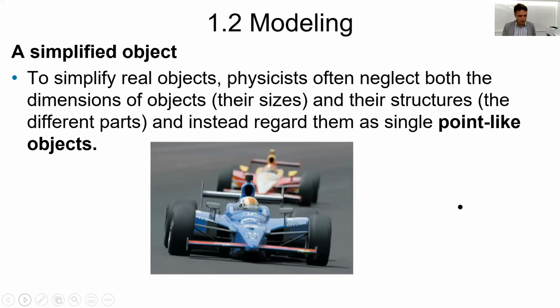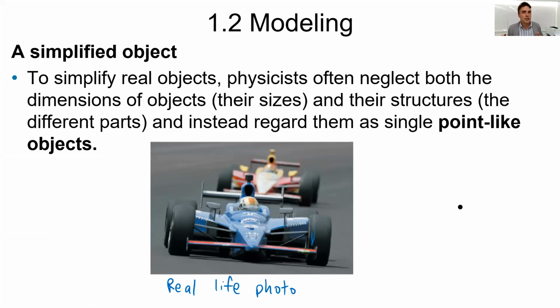One of the things that we do to simplify real objects in this course especially is make them point-like objects. I told this joke about modeling a cow as a point-like object. Here we have a real-life photo of a race car, which represents a lot of complexity. You can see the wheels turning, the guy driving it, the rear view mirrors, and a lot of things going on.